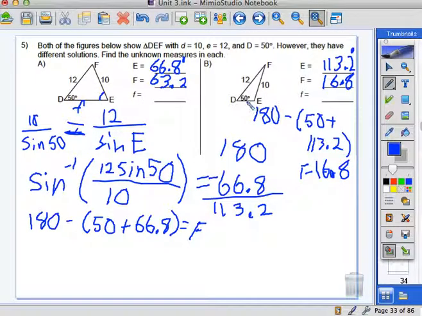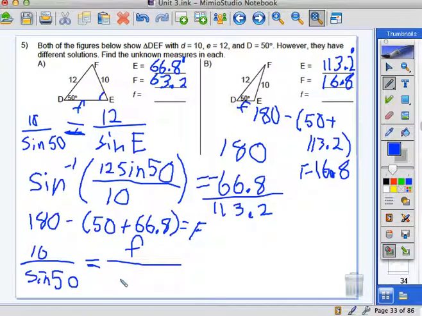We've used the law of sines to find our side measurements a million times. Set up your ratio again up here, 10 divided by sine of 50, and set it equal to your F ratio. So this time we're looking for F instead of an angle, so we will not use inverse sine here because we're looking for a side measurement.